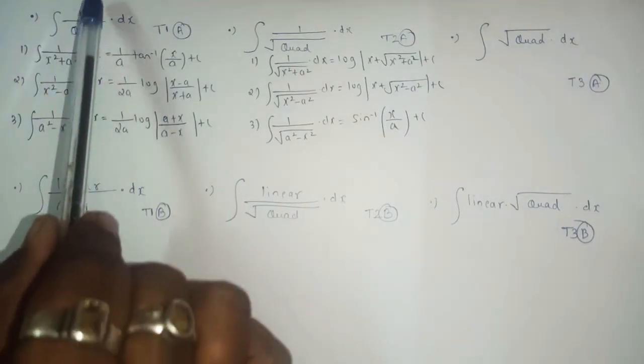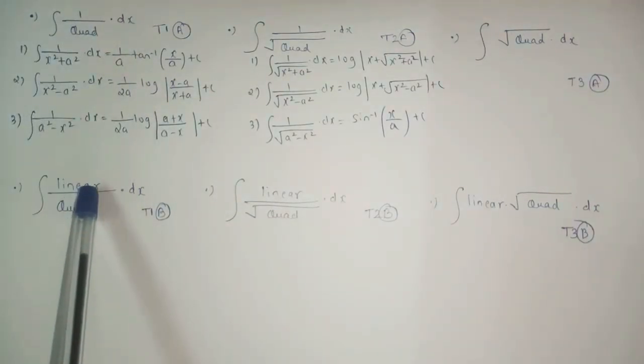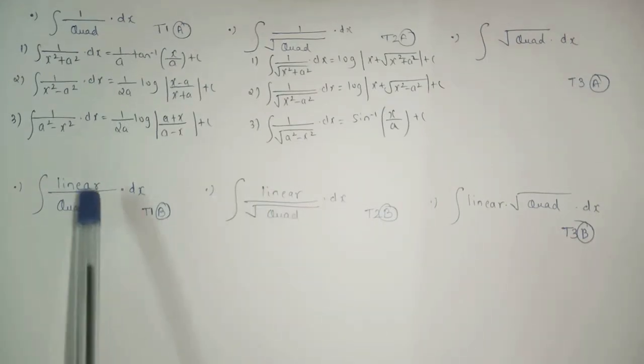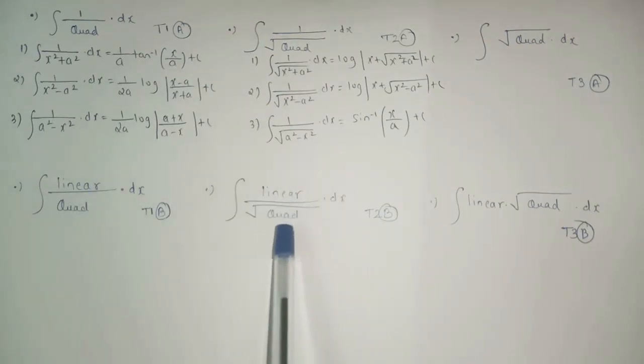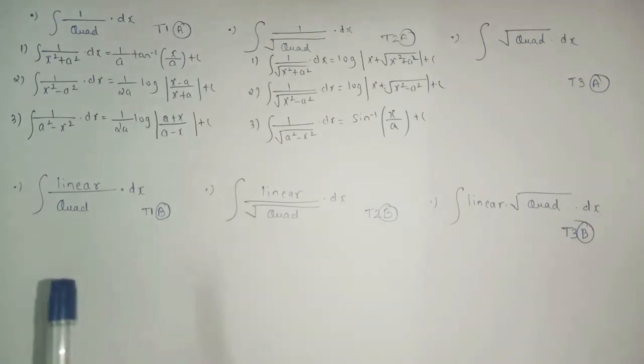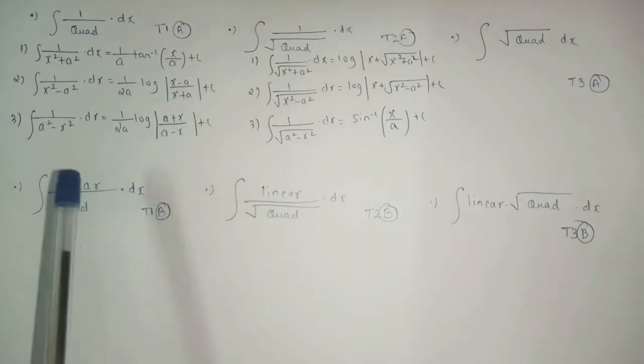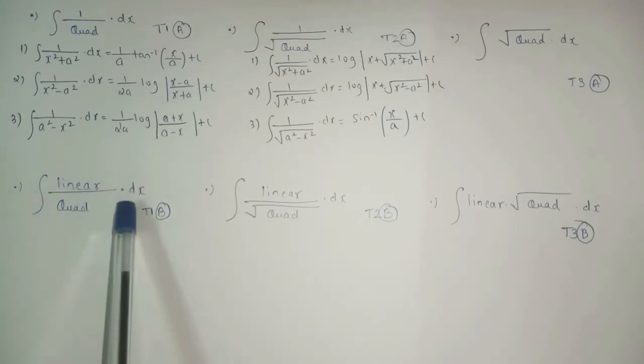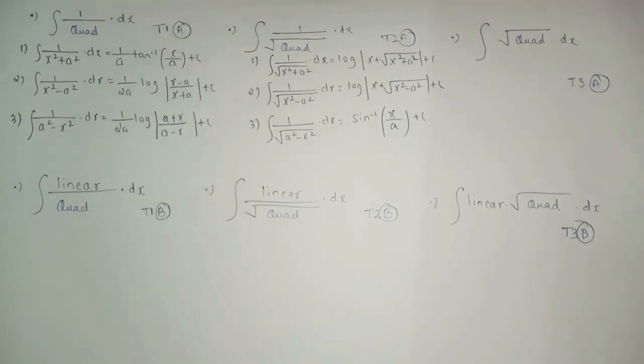This 1 is replaced by linear. Here also the 1 is replaced by linear. So remember this as linear upon quadratic and this as linear upon root quadratic. Whenever you come across a sum where the numerator is in linear form and the denominator is in quadratic form, you have to apply suitable steps, suitable formulas. There is a proper method to find the integral answer.